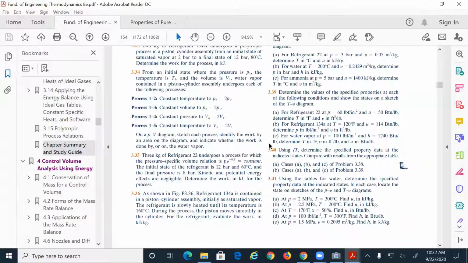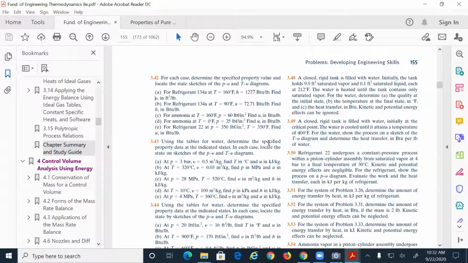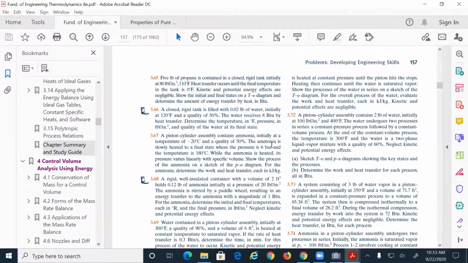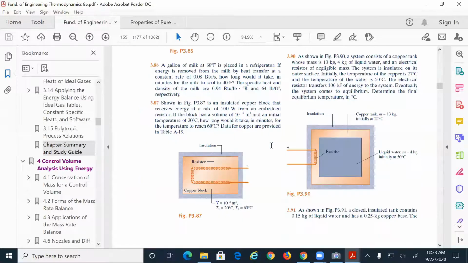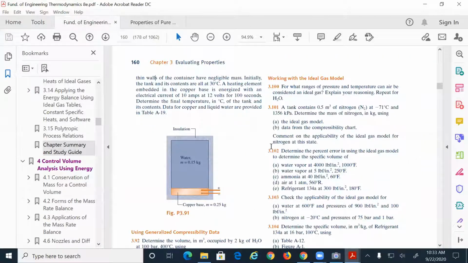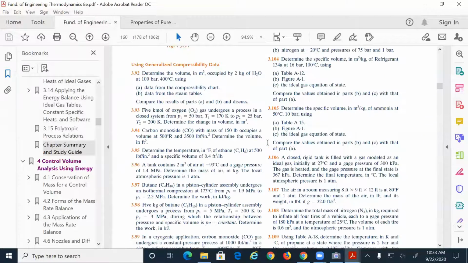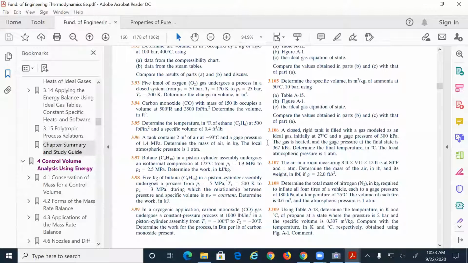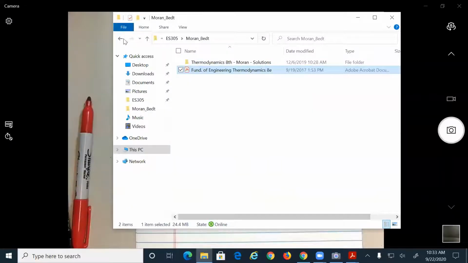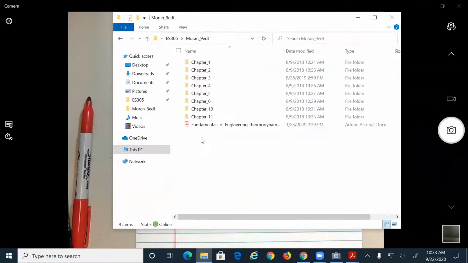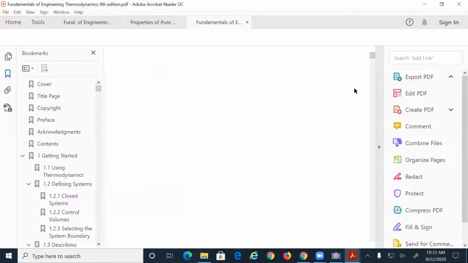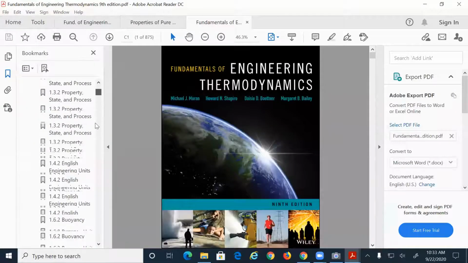I guess almost there. That doesn't look like the same problem at all. Okay, so it might be the 9th edition. Let me close this. We have the 9th edition here. So I think it's on the 9th edition.